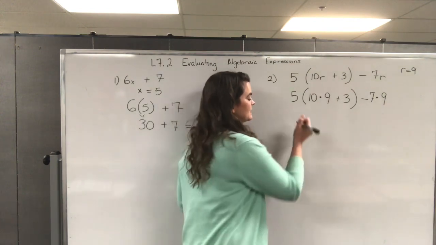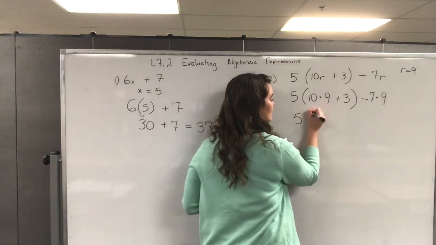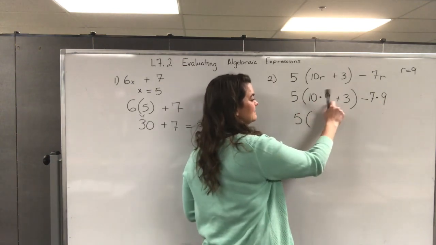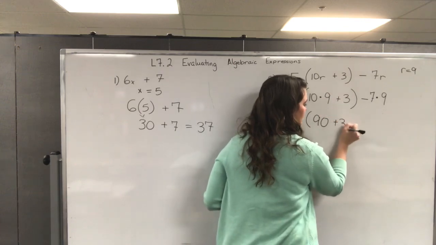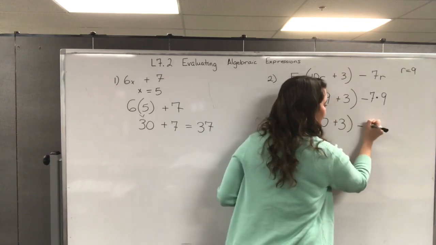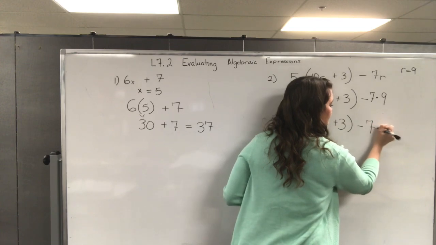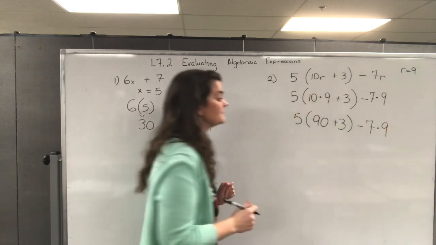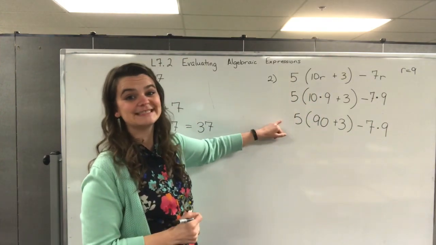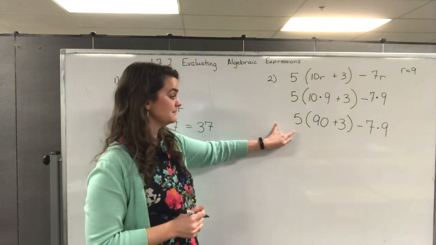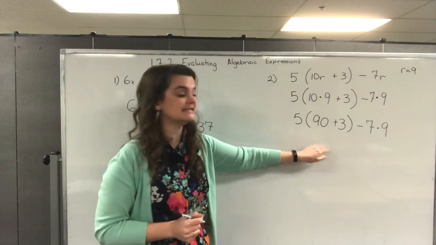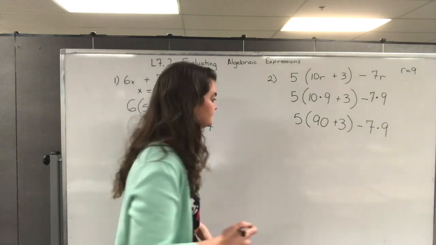So our next step is going to show 5 times, parentheses, 10 times 9 is 90, plus 3, close parentheses, minus 7 times 9. So there, we've done our first step, right? We've already shown a lot of work and we've done our first step. But we still have parentheses left, so we need to get rid of these parentheses.